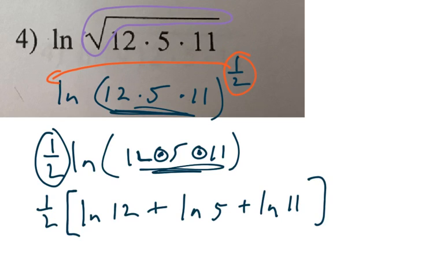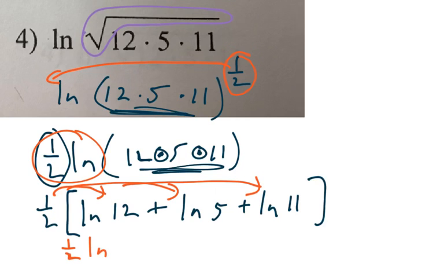So there's my answer. The only thing I could do, of course, is keep the 1/2 and natural log together here. As you can see, I could do it here as well. If I distribute that 1/2, another good version would just be 1/2 natural log of 12 plus 1/2 natural log of 5 plus 1/2 natural log of 11.